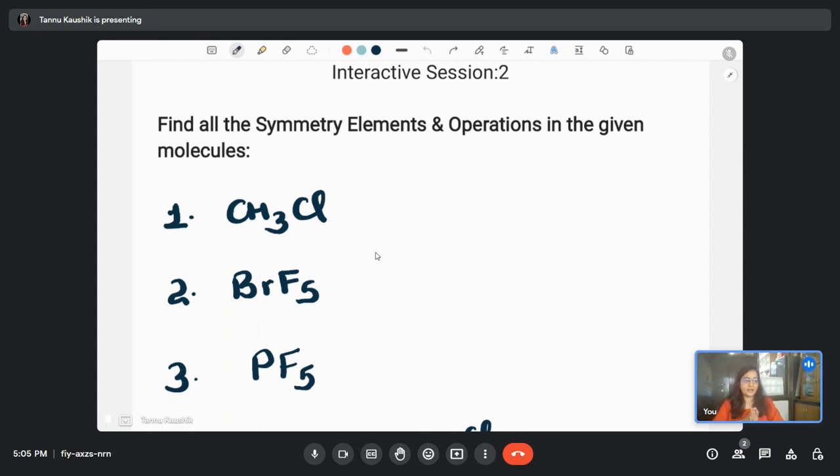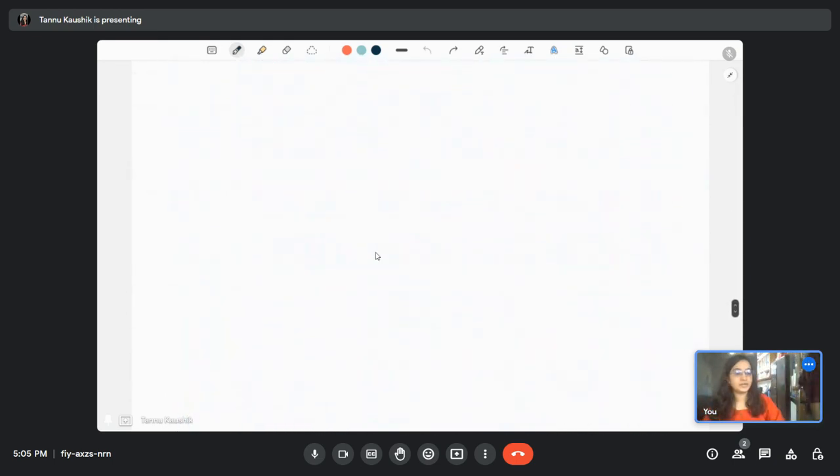So again, in this session, we will be covering all the symmetry elements.